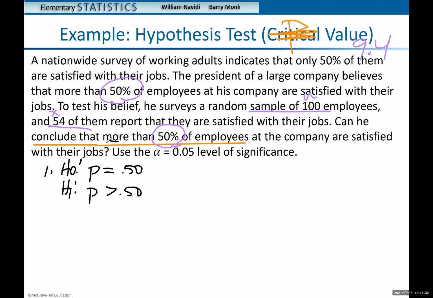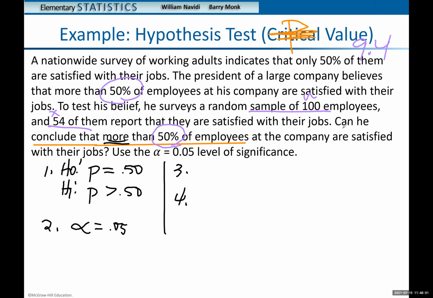Yes. So more than, so greater than 0.50. Very good. Step 2, the easiest one. What is step 2? Alpha is equal to 0.05. That's correct.